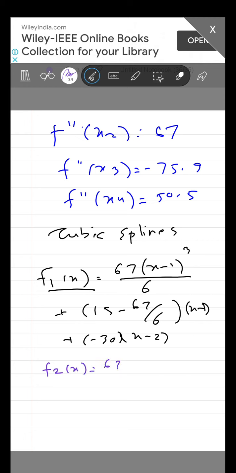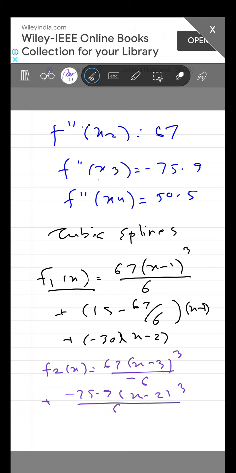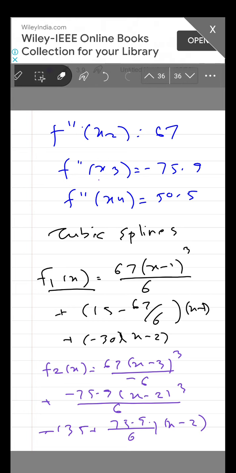For f2x we will get 67 into x minus 3 whole cube divided by minus 6, plus minus 75.9, that is f double differentiation x3, into x minus 2 whole cube divided by 6, plus 35 plus 75.9 divided by 6 into x minus 2, the second polynomial.